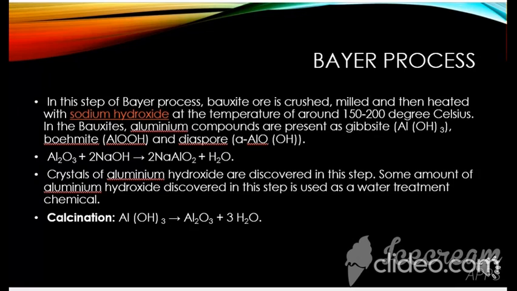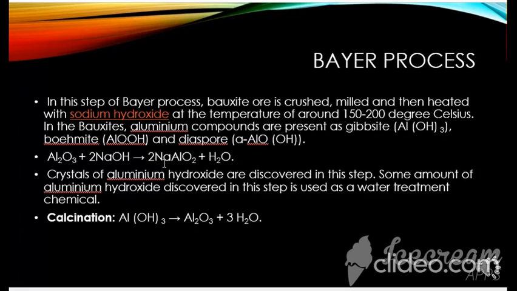In this step, we take the concentrated bauxite ore, and this bauxite ore is heated with sodium hydroxide at a temperature of 150 to 200 degrees Celsius. What happens when you react bauxite ore with sodium hydroxide? My dears, look at this equation. The formula of bauxite ore is Al2O3·nH2O. It reacts with sodium hydroxide and forms sodium aluminate, and the excess water is evaporated.